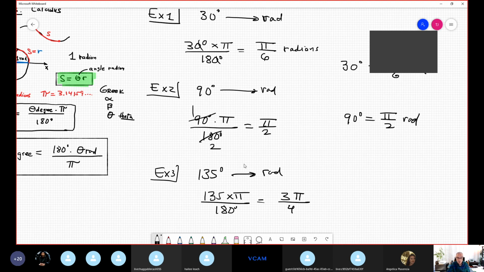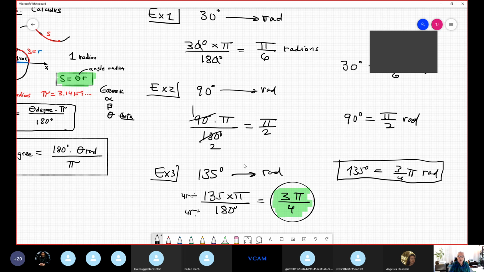So you divide top and bottom by 45. 135 divided by 45 is 3. And 180 divided by 45 is 4. Of course, you can divide, but you express the answer in lowest term. So conclusion, 135 degree is equivalent to 3/4 pi radian.